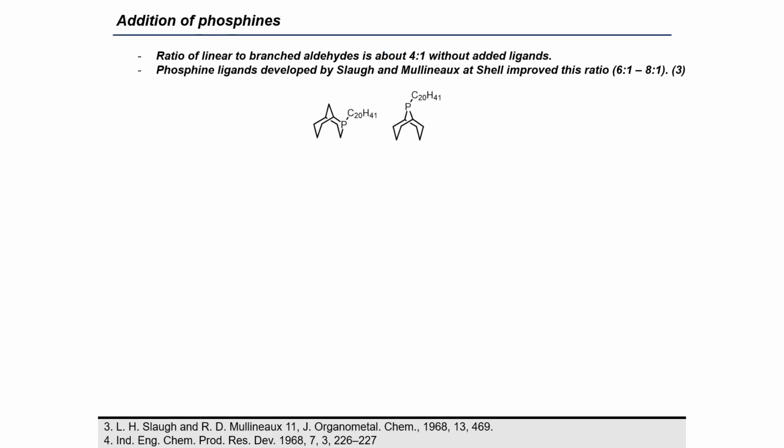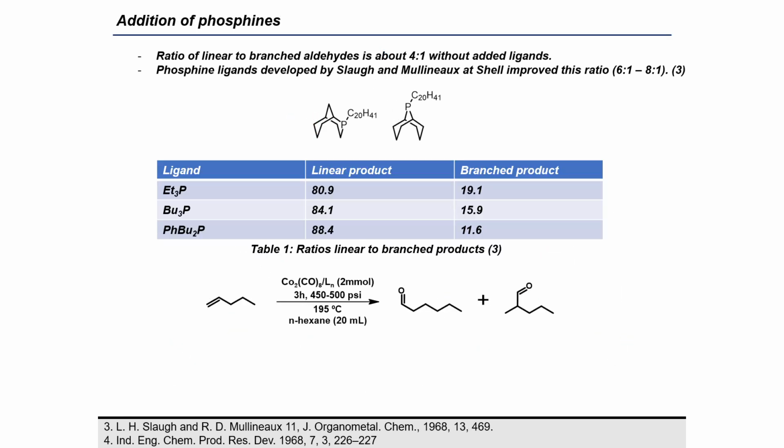One of the most important early developments was the addition of phosphine ligands, which increased the linear to branched ratio. The phosphine ligands developed by Slaugh and Mullineaux at Shell improved this ratio.